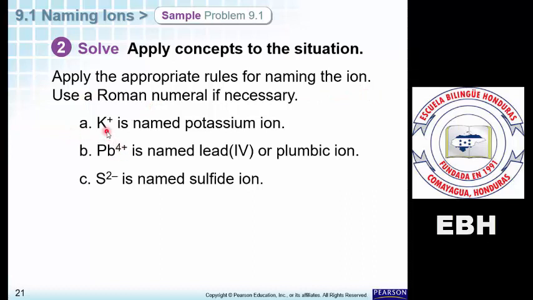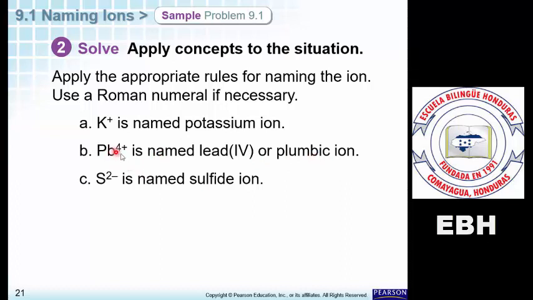You have a potassium with positive charge. It's named potassium ion. Over here you have the upper charge, positive, in this case 4. Named lead(IV) because you have 4, the valence of the symbol of lead. Or you can write it another way.